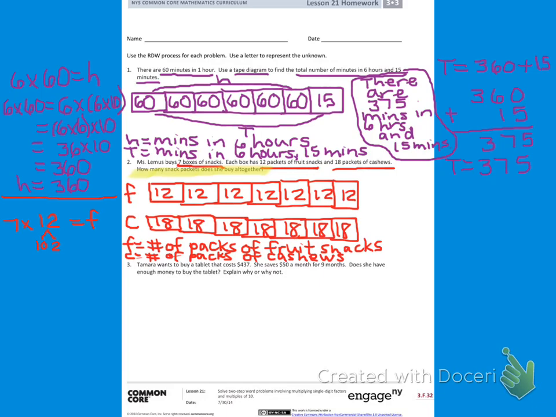Now I'll rewrite that. 7 times 10 plus 7 times 2 equals F. As you can see, I'm using the distributive property of multiplication. 7 times 10 is 70, and 7 times 2 is 14. 70 plus 14 is 84.